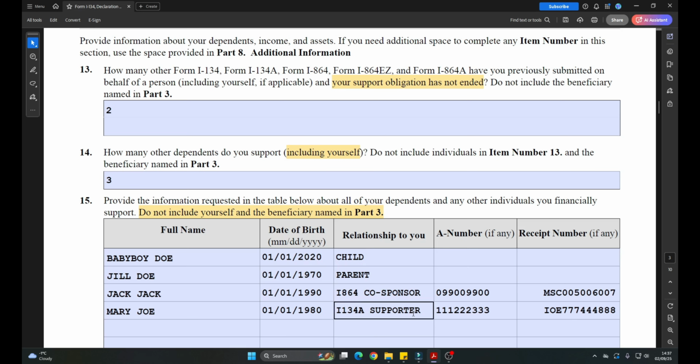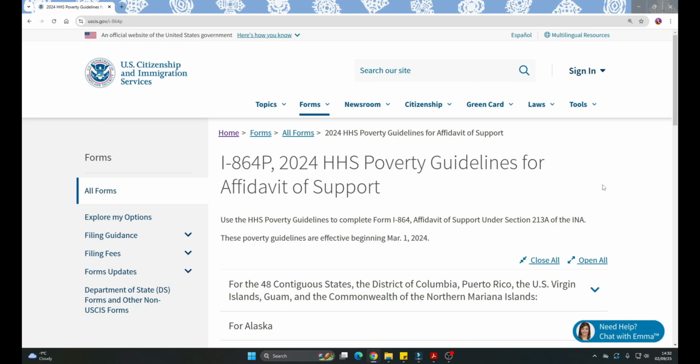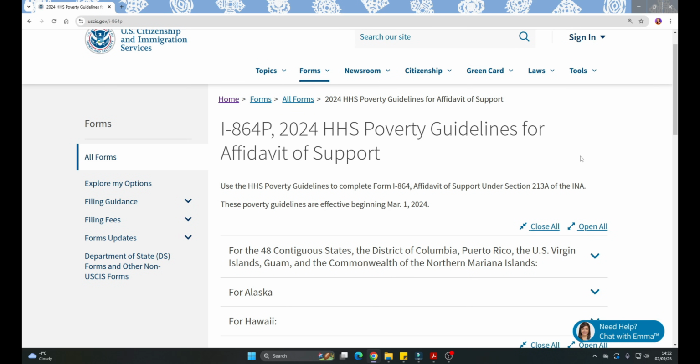Either way, I don't think it's going to be a mistake to write whatever makes most sense to you in here, so that USCIS can have a better idea in general of how many other people you support, so that when it comes to providing your income information, you are able to meet the income requirements. And speaking of the income requirements, the Form I-134 instructions do not tell you exactly how much you need to be making to qualify as the sponsor.